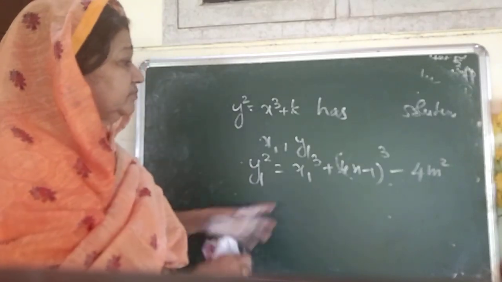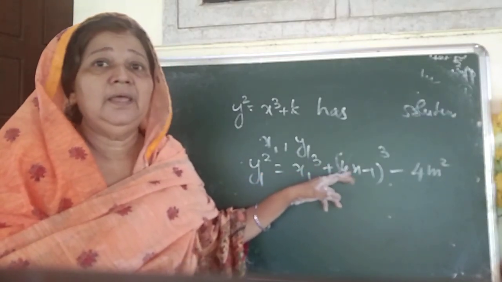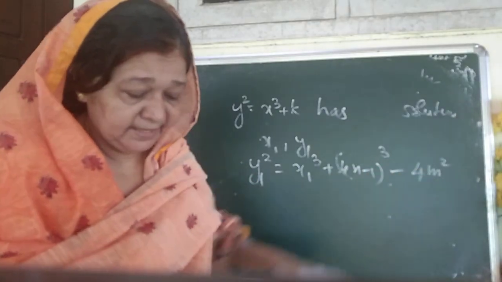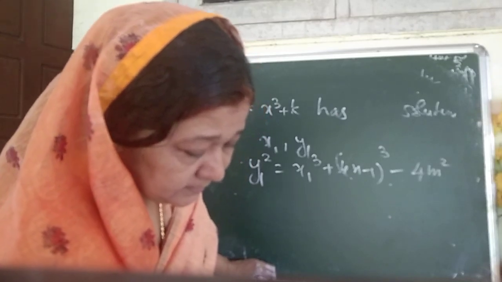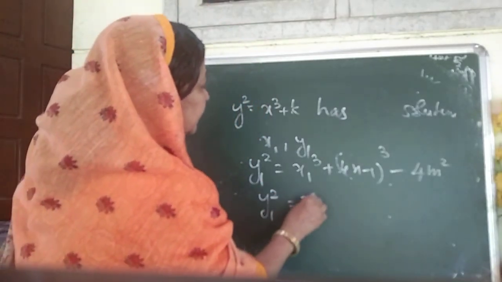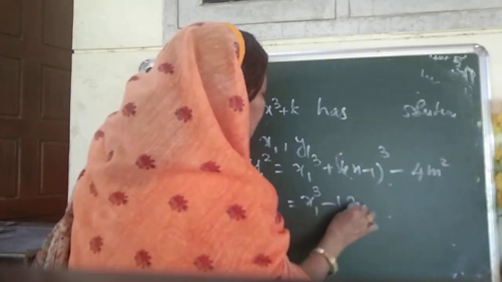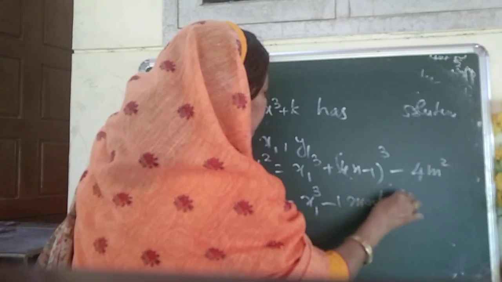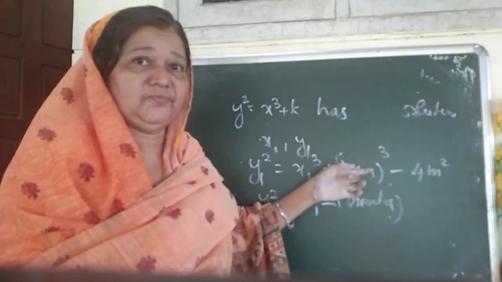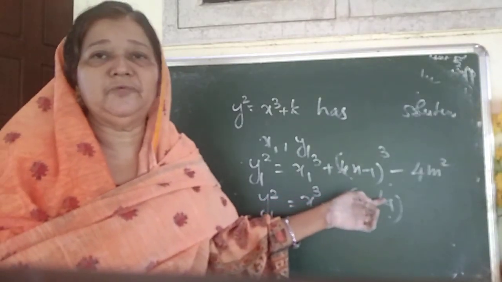Then we know (4n minus 1) the whole cube contains 4n except for minus 1, and here also 4. Every term contains 4n except this minus 1, so we can write y1 square is congruent to x1 cube minus 1 mod 4.